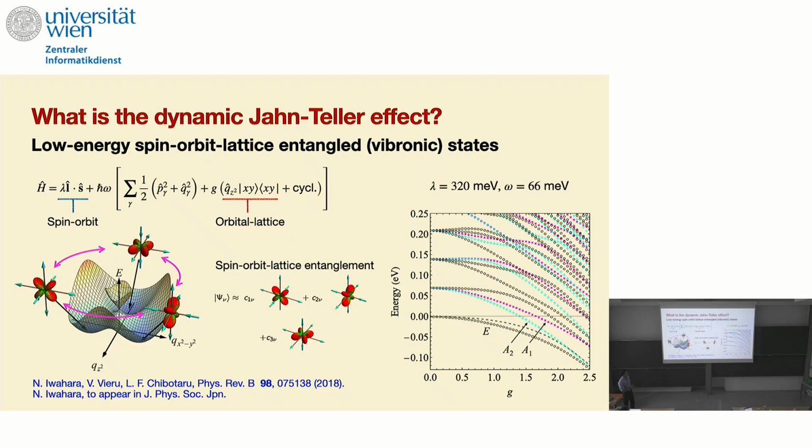But increasing the electron-phonon coupling, the energy spectra change drastically. The distribution of the energy levels changes drastically, and the system becomes more stabilized by the tunneling effect, as shown here. So when the dynamic Jahn-Teller effect happens, we have to consider such a state.